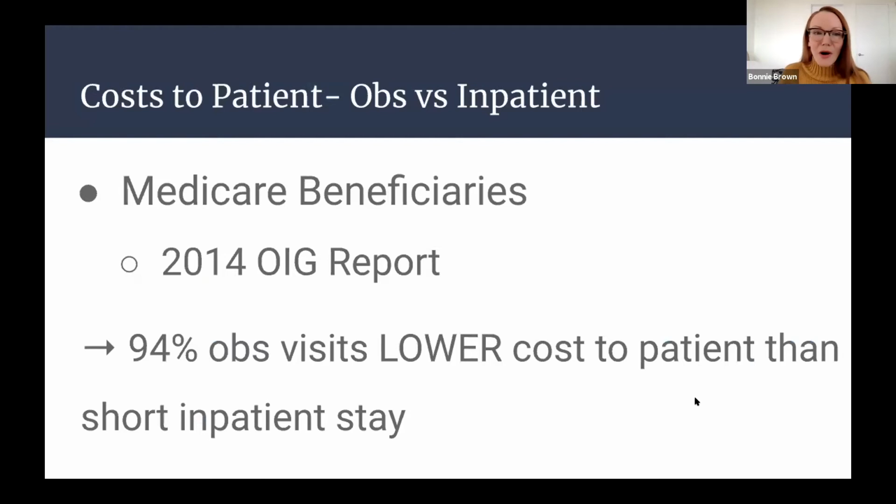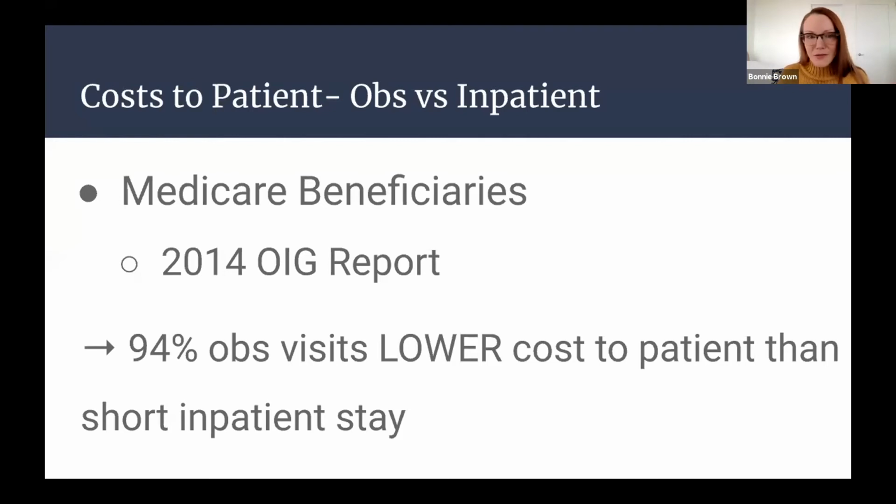There was a report back in 2014 from the Office of the Inspector General that looked at all Medicare beneficiaries. They wanted to know, is it better? Are the patients paying more or less out of pocket when we put them in observation? It found that about 94% of patients that go to the observation unit versus a short inpatient stay have lower cost.